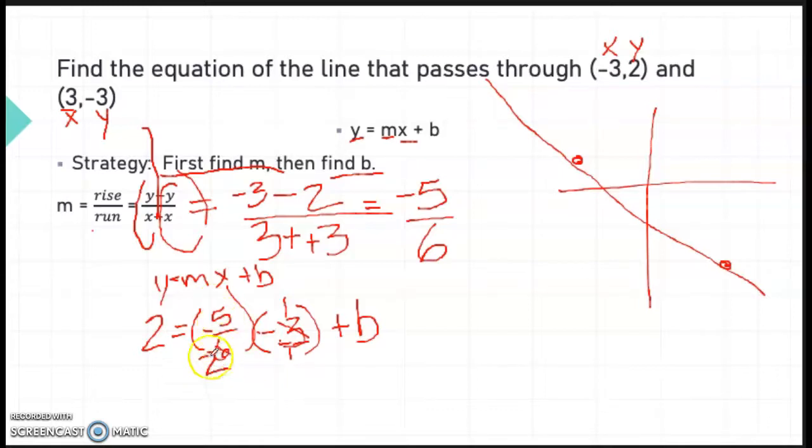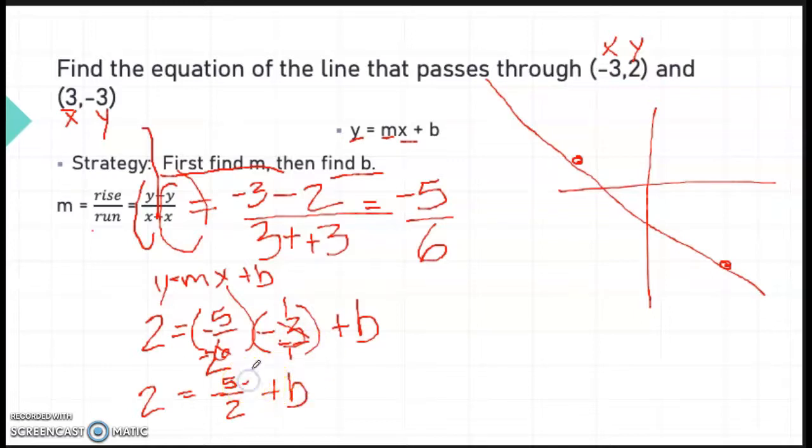Now I have -5 over -2 times 1. So 2 equals -5 over -2, which is +5 over +2, plus B.